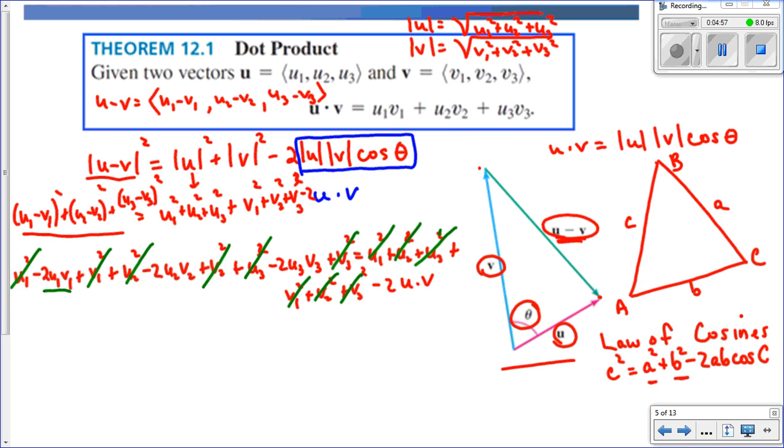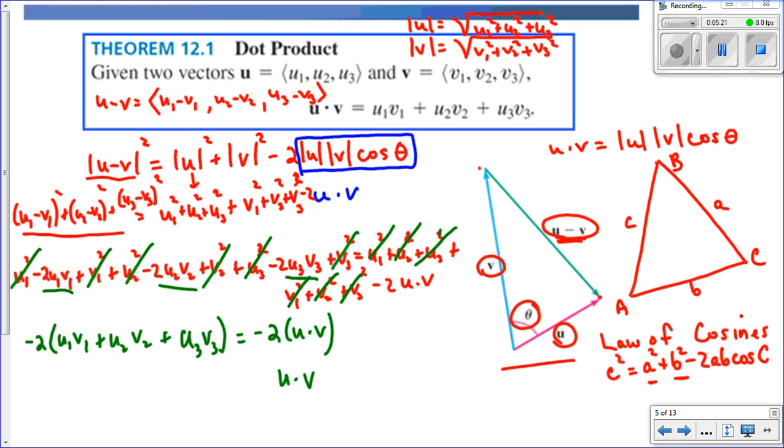Now notice everything left over on this left side has a -2 for a factor. -2 times u1 v1 plus u2 v2 plus u3 v3 equal to -2 times u dot v, which means then that u dot v is equal to u1 v1 plus u2 v2 plus u3 v3.